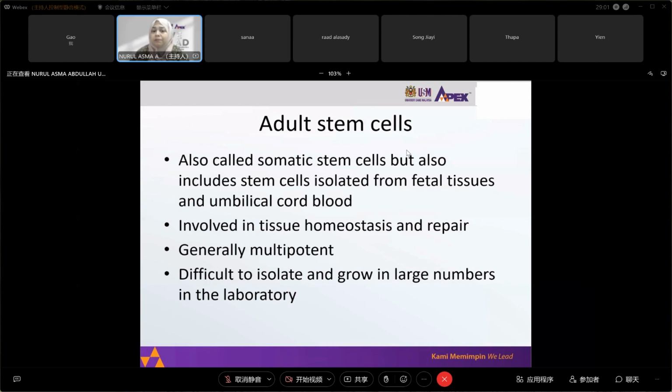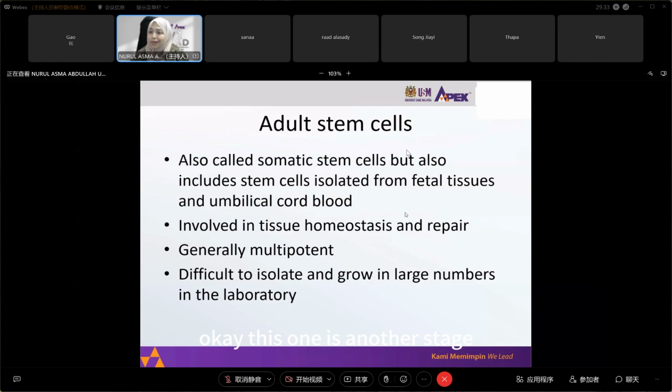So the next stem cell category is the adult stem cells, known as the multipotent stem cells, also called somatic stem cells, because they are isolated from somatic cells. It includes stem cells isolated from fetal tissues and umbilical cord.